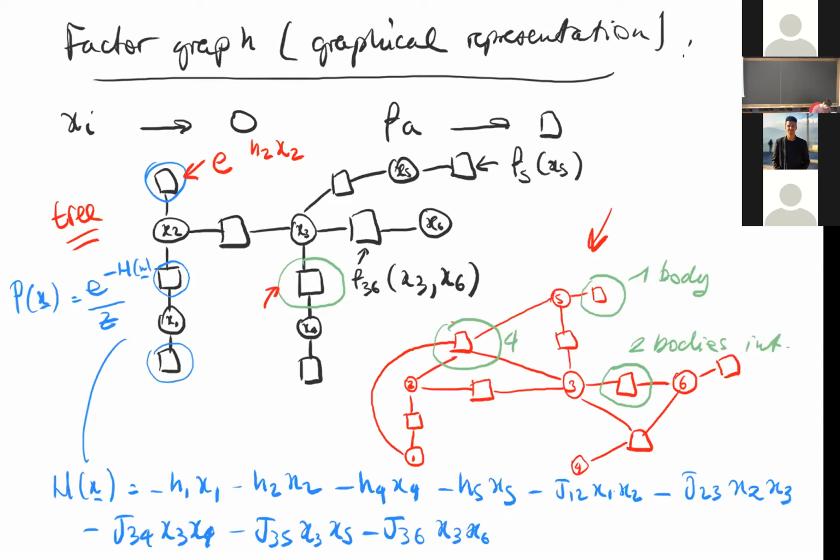So this factor here is an exponential of j34 x3 x4. This factor here is an exponential of j36 x3 x6. And you make the product of all these exponentials, and you get the Gibbs-Boltzmann distribution.